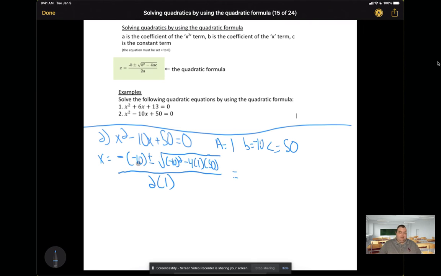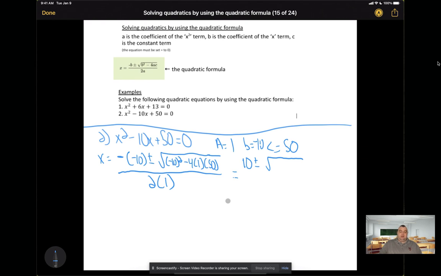So negative negative 10 is positive 10. So that's what will happen if your b value is already negative. It will become a positive when you do the negative b, like right here. So negative negative 10 is positive 10, plus and minus.